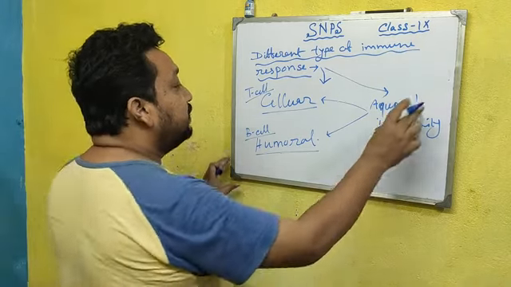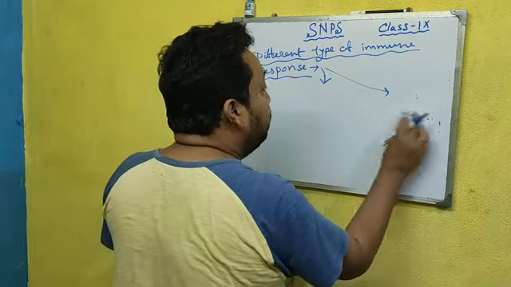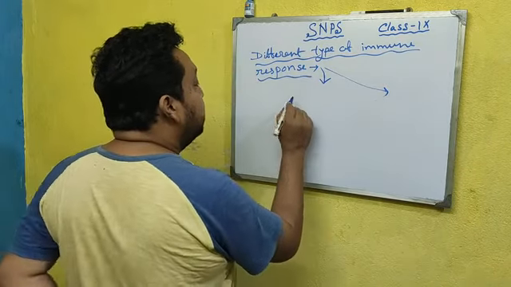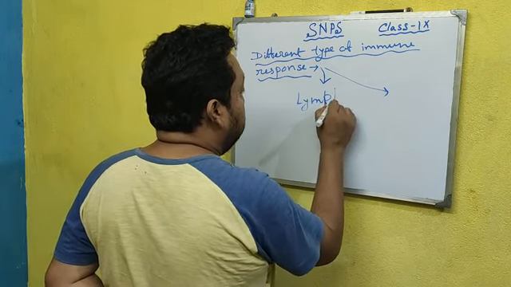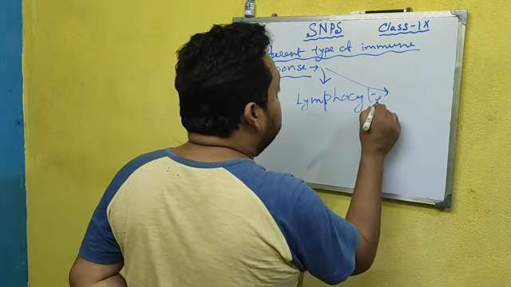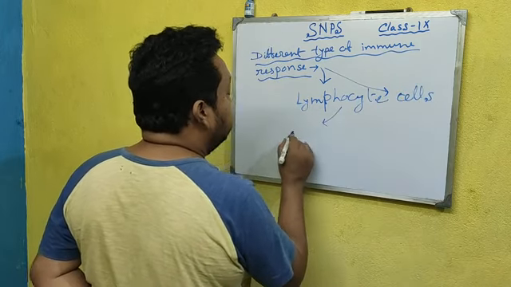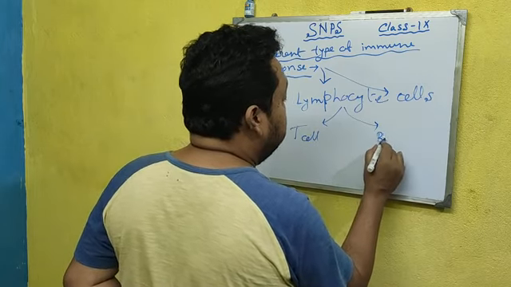T cell and B cell, those are lymphocyte cells. Lymphocyte cells are of two types, T cell and B cell.